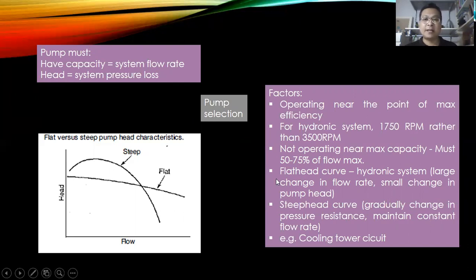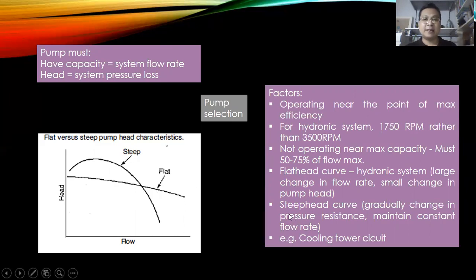And then a flat head curve, in a hydrodynamic system, gives a large change in the flow rate. So maybe we can choose around here for the pump condition, around 70% of the maximum performance of the pump.